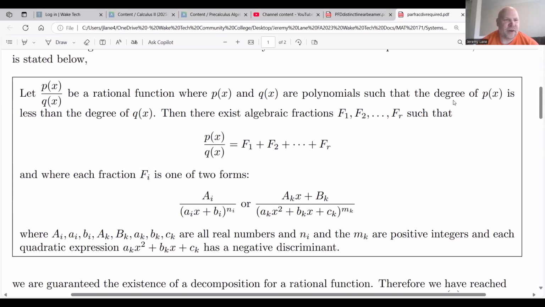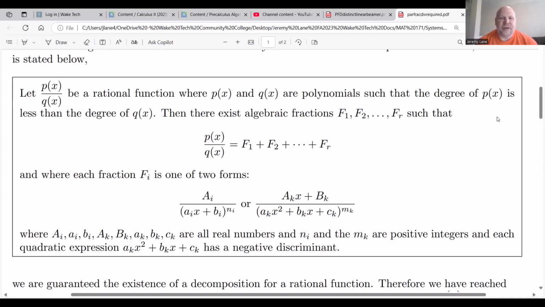Let P of x divided by Q of x be a rational function where P of x and Q of x are polynomials such that the degree of P of x is less than the degree of Q of x. So our first step is checking the degrees of this rational function. Check the degree of the numerator, check the degree of the denominator, and make sure that you satisfy the condition of being a proper fraction. The degree of the numerator is less than the degree of the denominator.